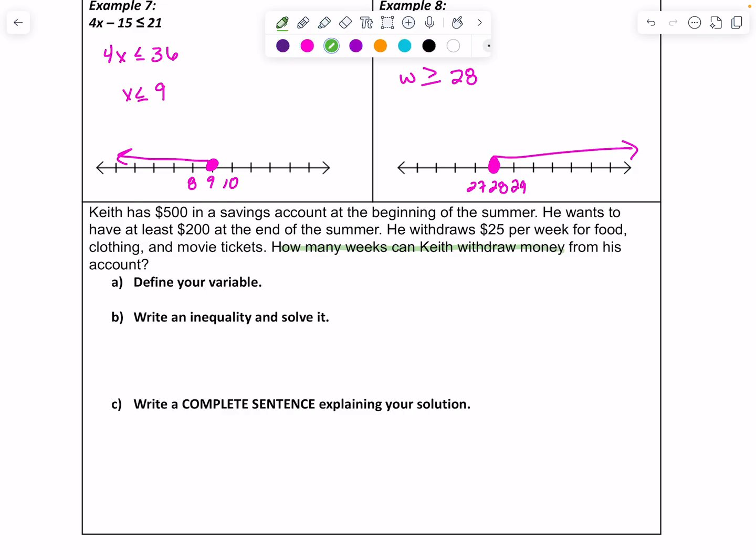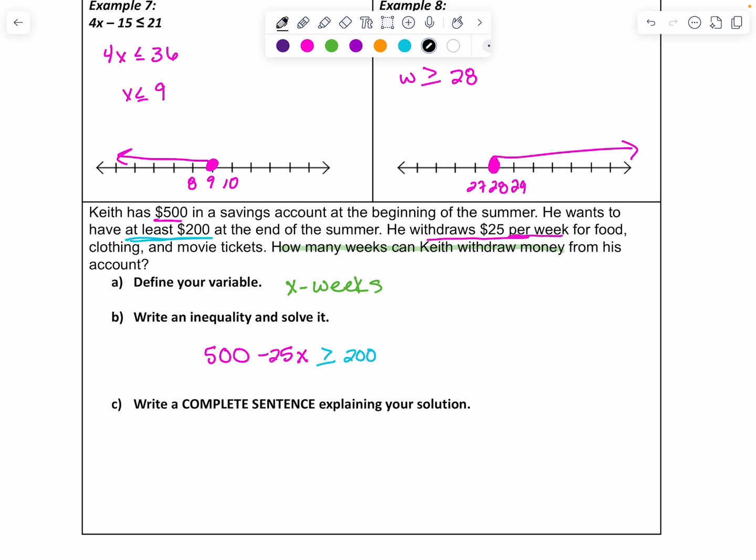So I'm going to say x is the number of weeks. We are starting with $500, and then we are withdrawing $25 per week. This "per" lets me know I'm going to multiply, and at the end I want to have at least $200, so I want to have more than or equal to $200.